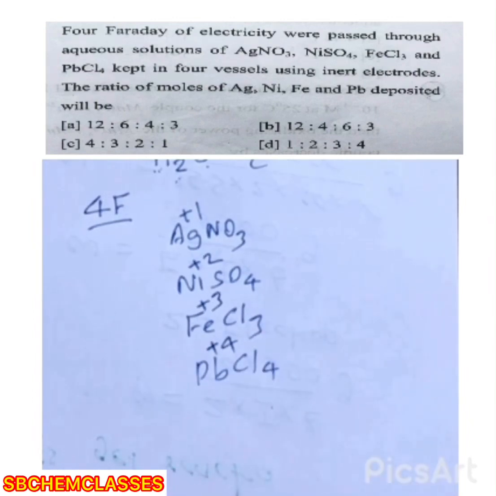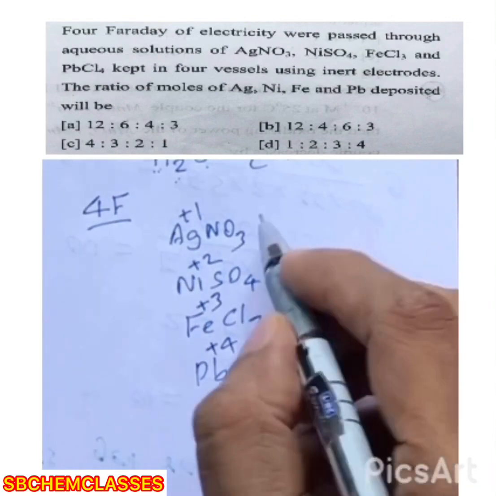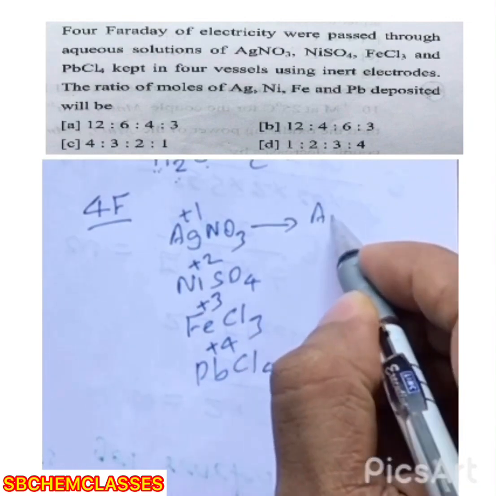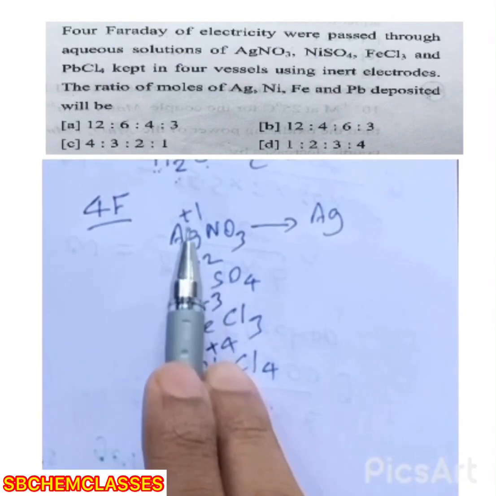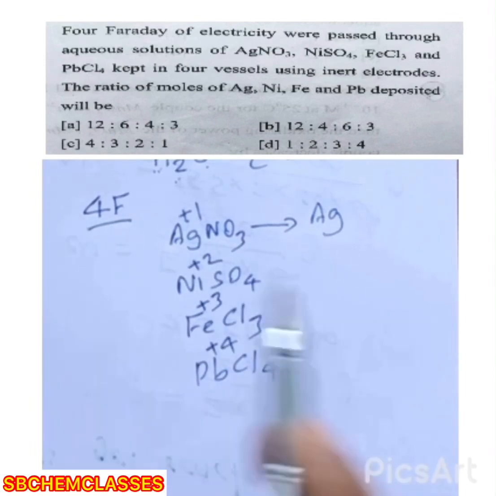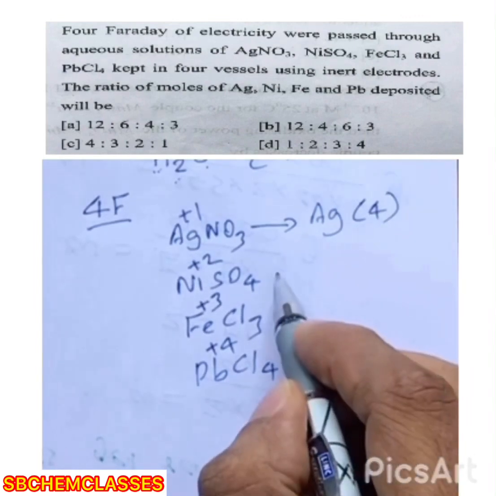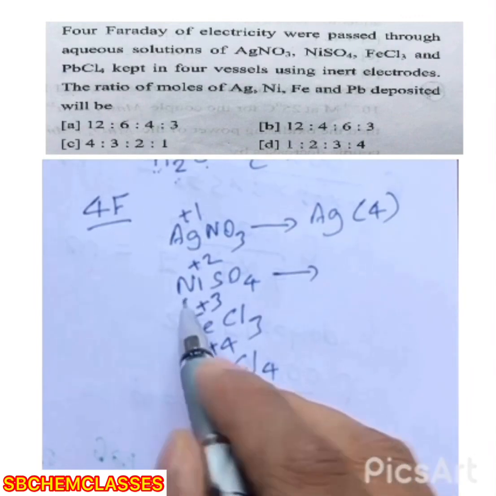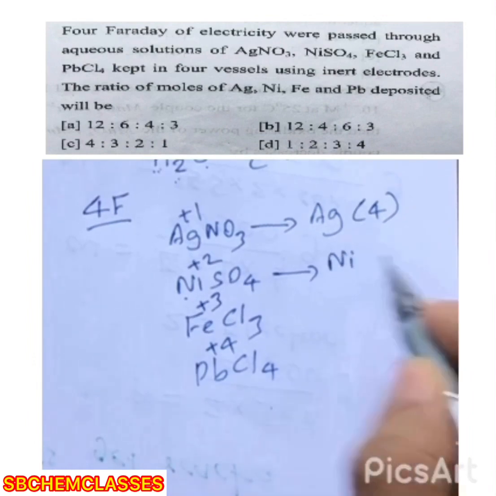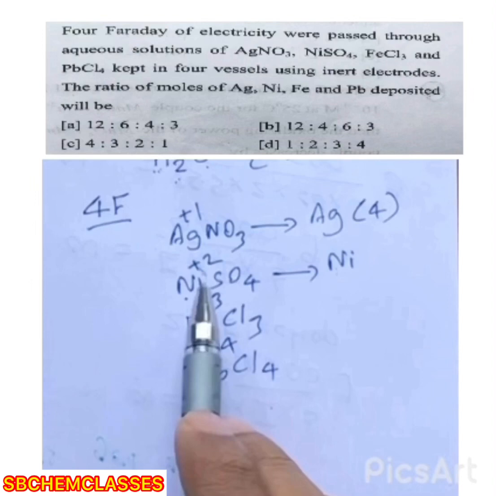By passing 1 Faraday, we can transfer 1 mole electron. So, to convert AgNO3 to Ag, 1 Faraday is required, but you provide 4 Faraday, so you will get 4 mole Ag. To convert NiSO4 to Ni, 2 mole electron is required, that is 2 Faraday.